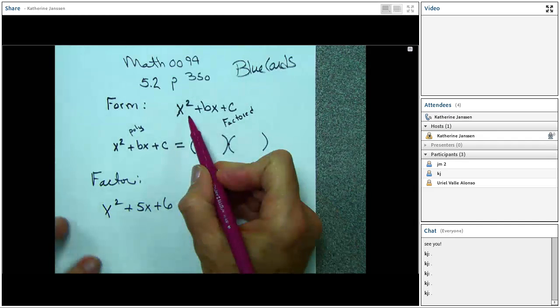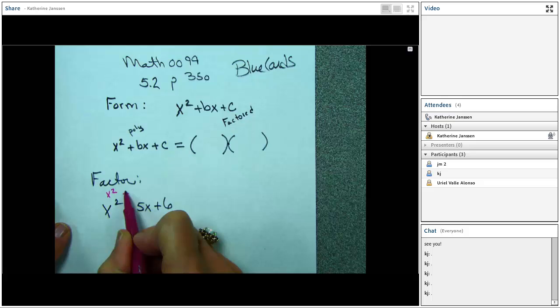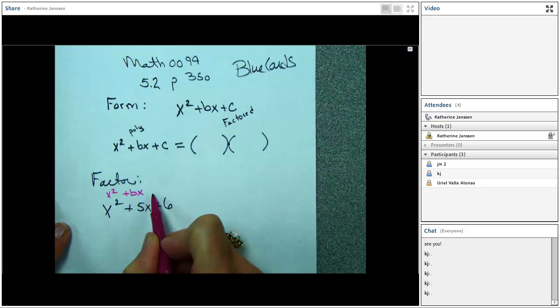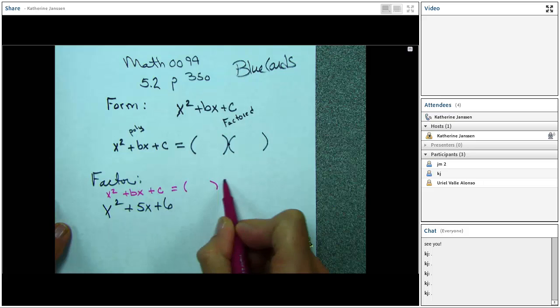I have my form pattern, x squared plus something times x to the first degree plus a constant. We expect we can factor that as the product of two binomials.